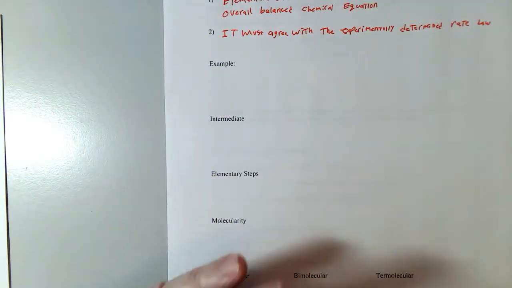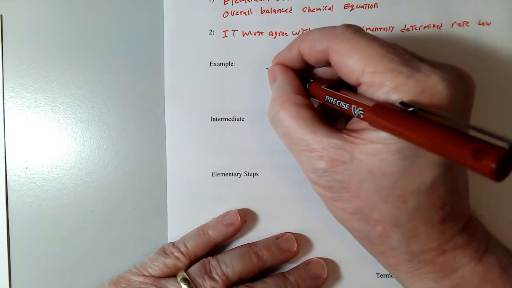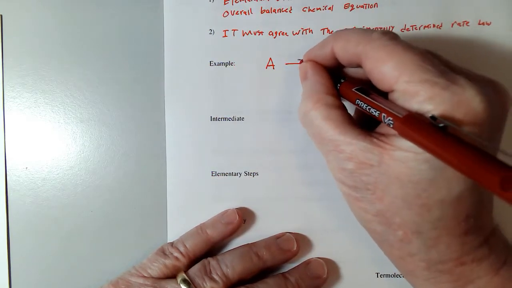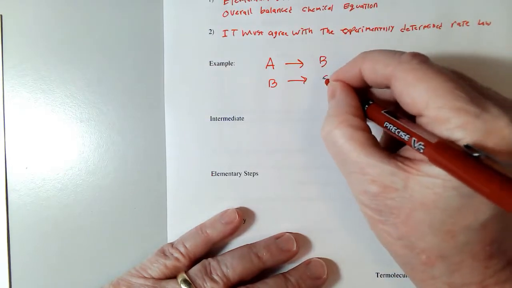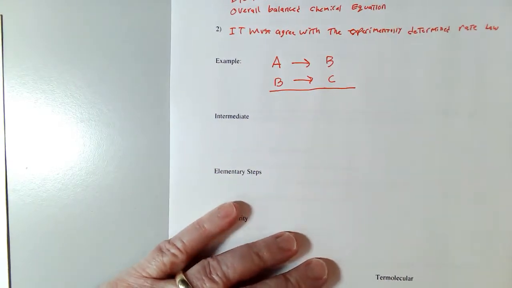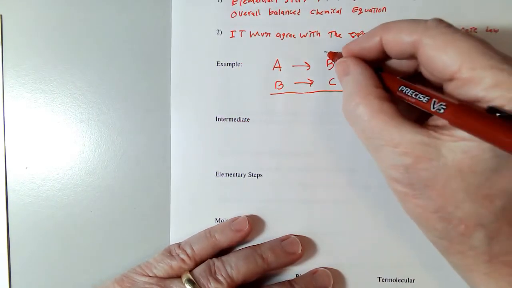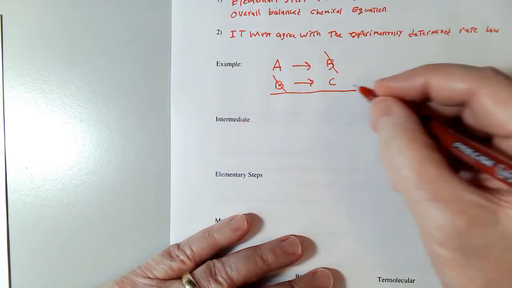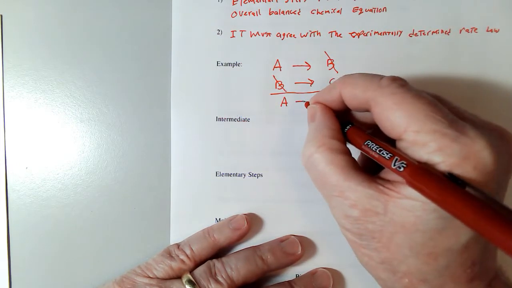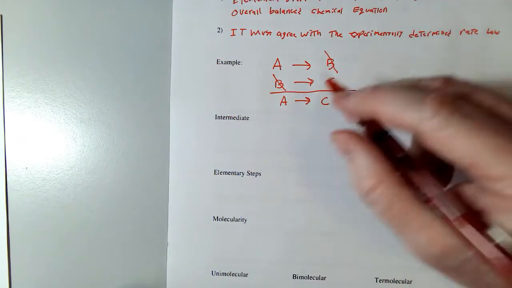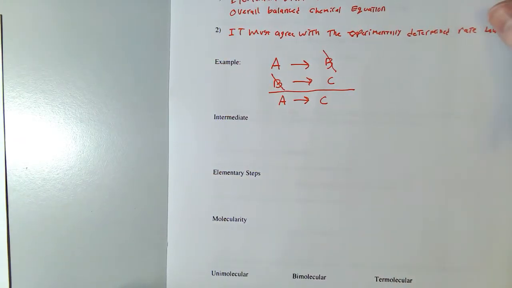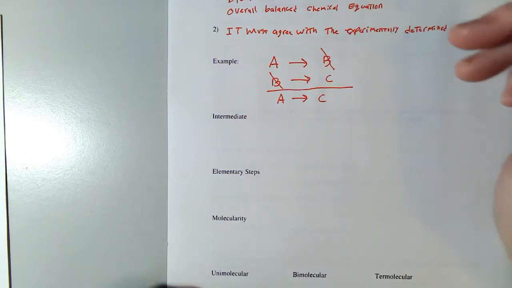Okay, what might this look like? Well, actually, it can be really silly simple. A turns into B. B turns into C. There you go. That's a 2-step mechanism. The B's would cancel, and the overall balanced equation would be A turns into C. A is the reactant, C is the product. What does that make B?